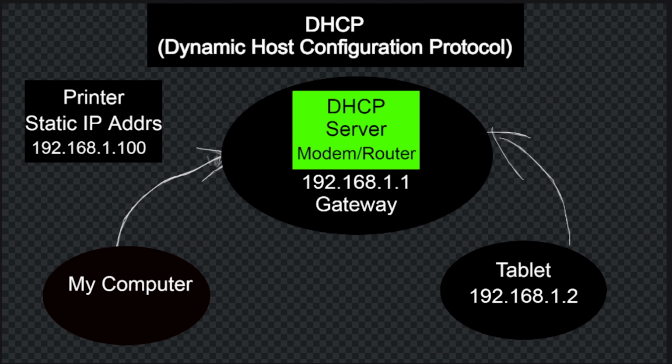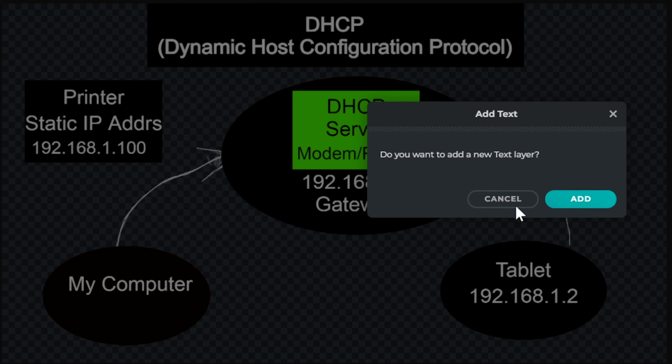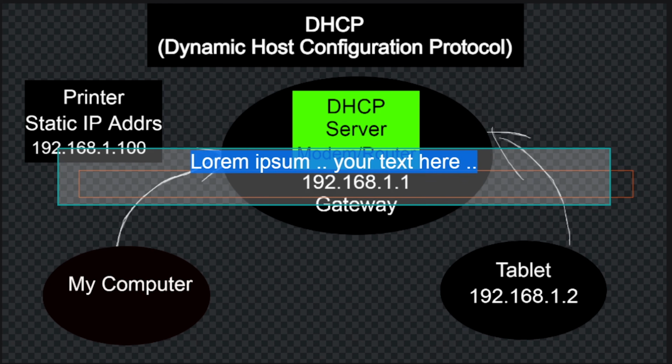And if you're wondering how to get to your router, you just have to figure out what the router IP address is, or your modem IP address is. And again, you can do that by going to your command line and typing in ipconfig/all.